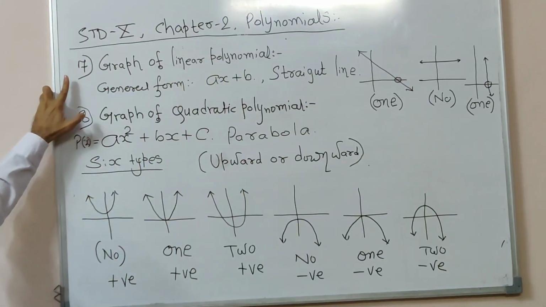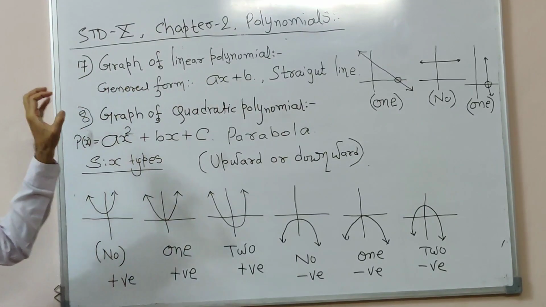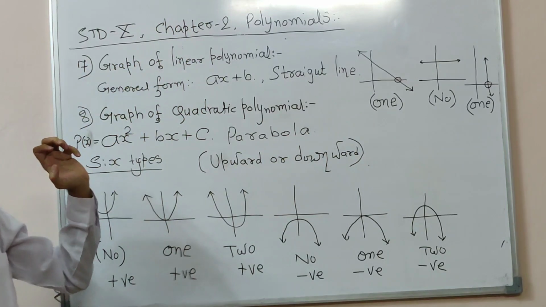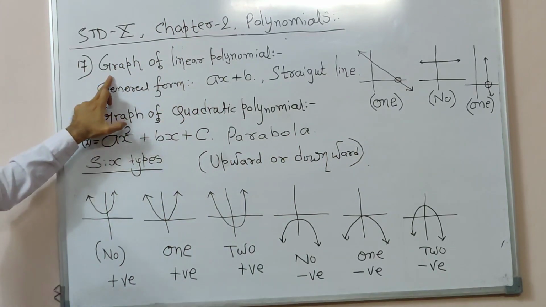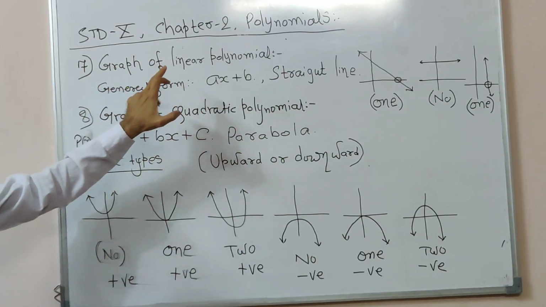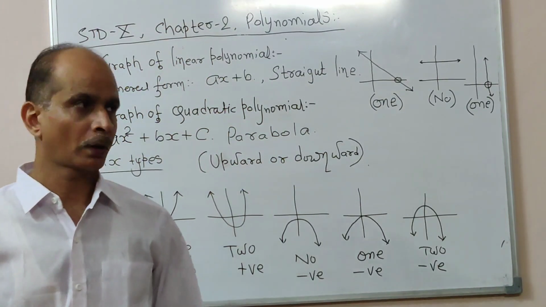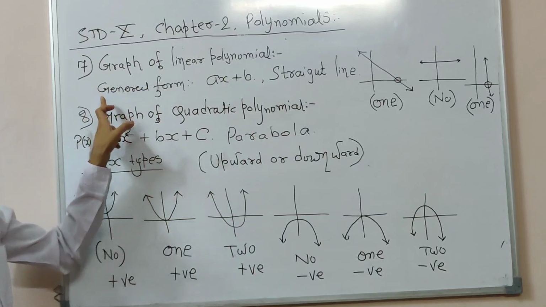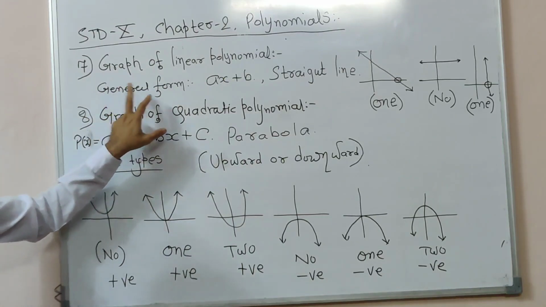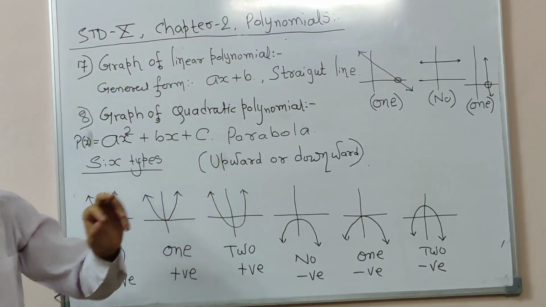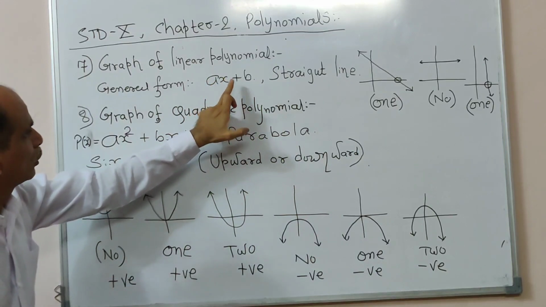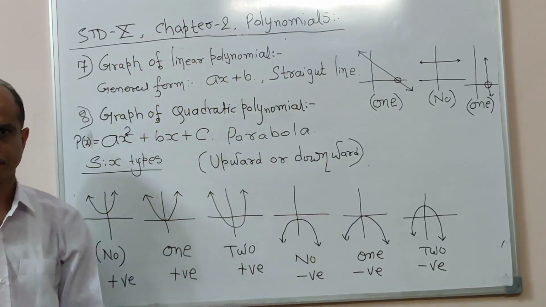Now let me start the seventh concept of this chapter. The seventh concept is the graph of a linear polynomial. The general form of a linear polynomial is p(x) is equal to ax plus b.